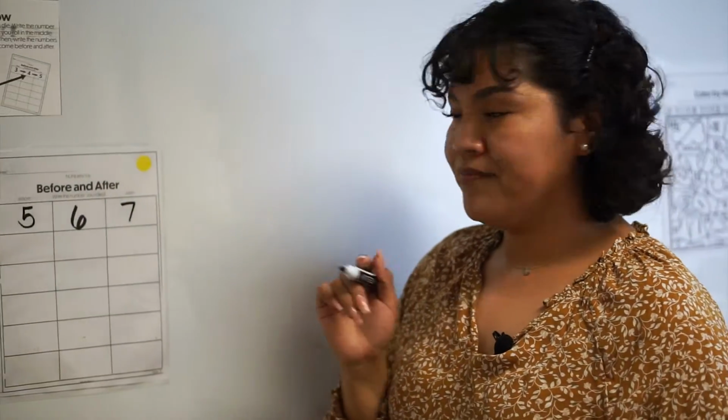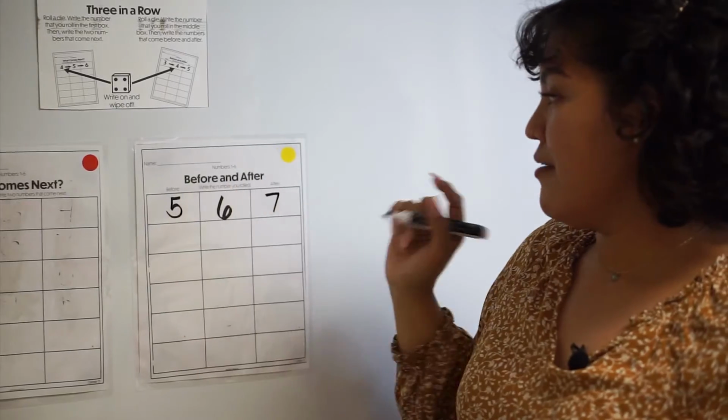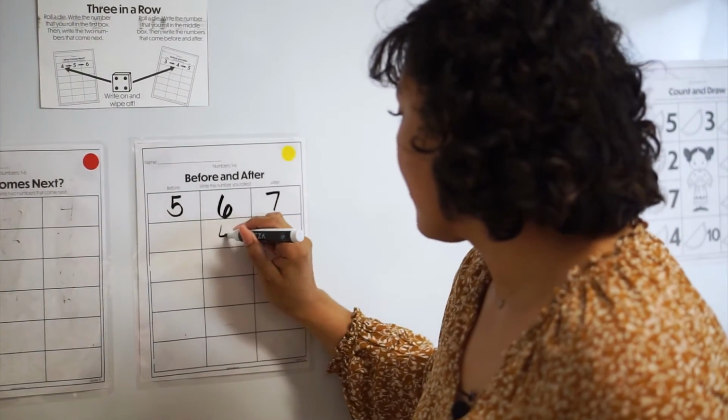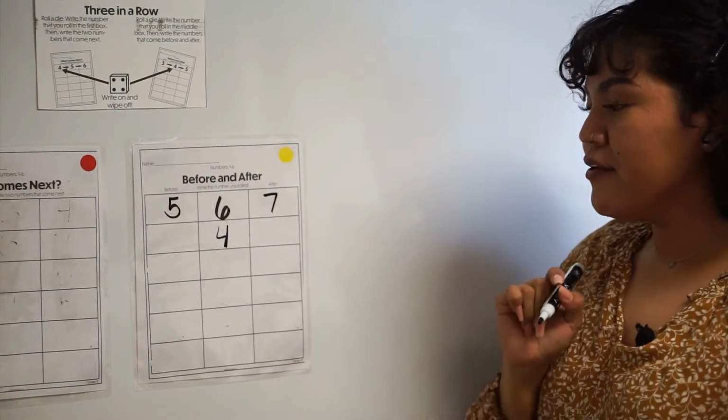Have your dice ready to roll. Let's see. We have 4. 1, 2, 3, and 4. We're going to write the number 4 in the middle where it says write the number you rolled. Put 4 in the middle.